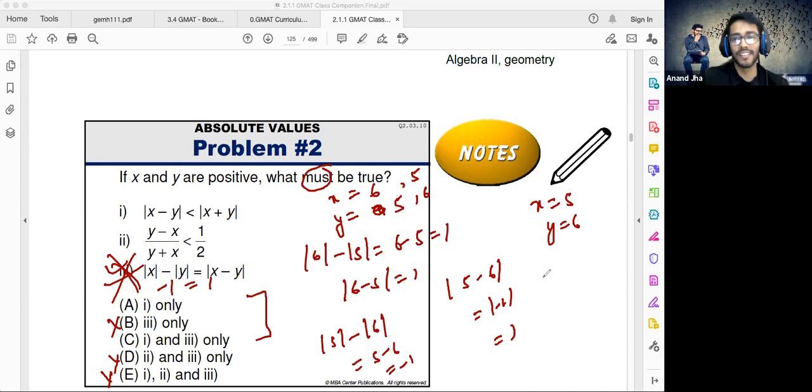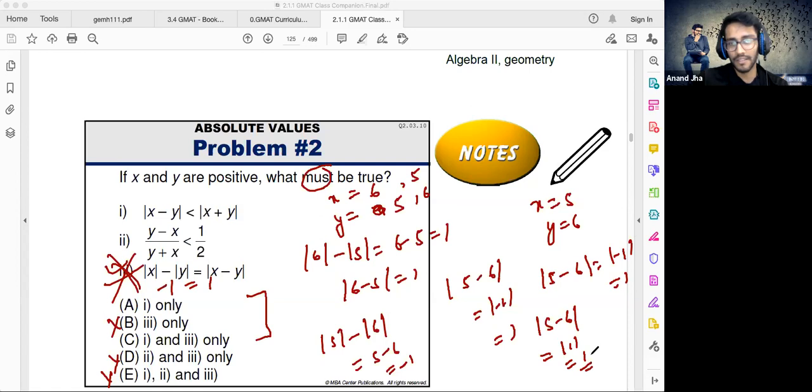Check the first one. Mod 5 minus 6, which is mod of minus 1, which is 1. What is my answer then? Which is 1. Oh, why is this failing?